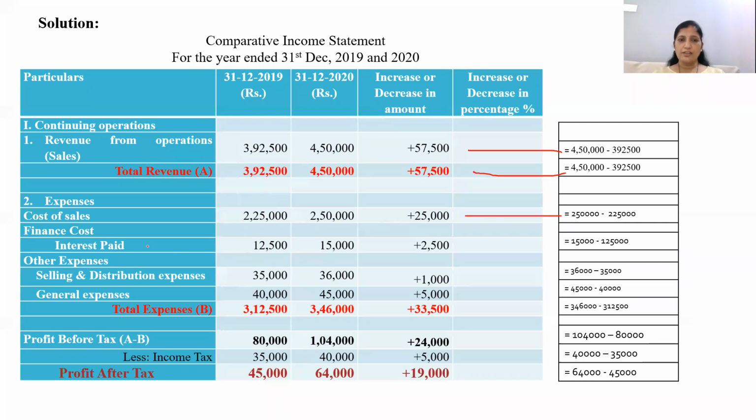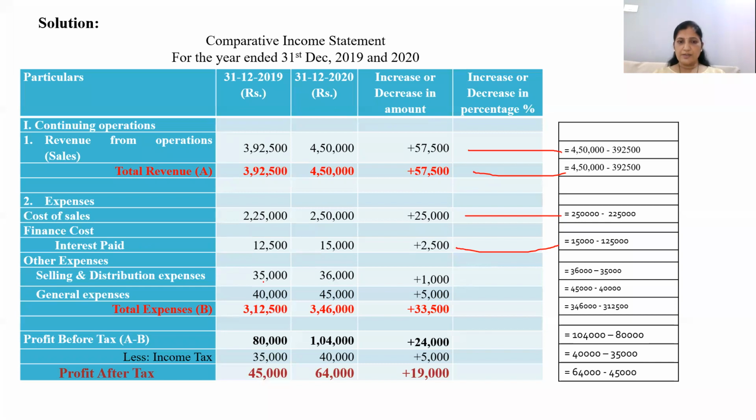Next we'll go for interest paid. Interest paid is 12,500 and 15,000. So it will be 15,000 minus 12,500. Sorry, write it as 12,500. So you'll get plus 2,500.